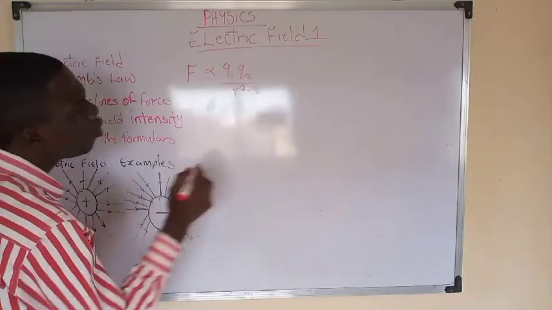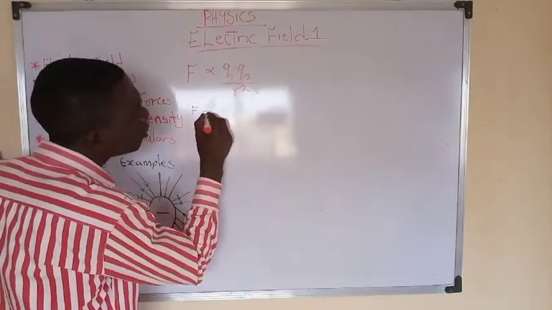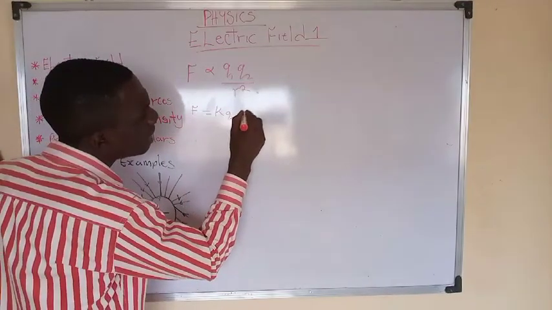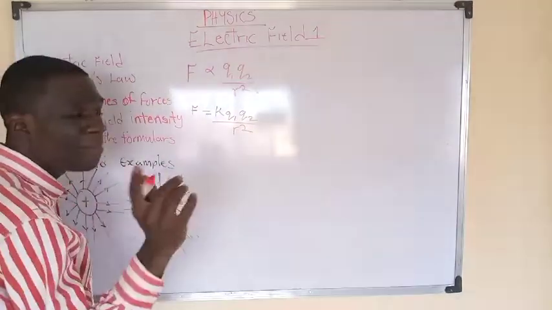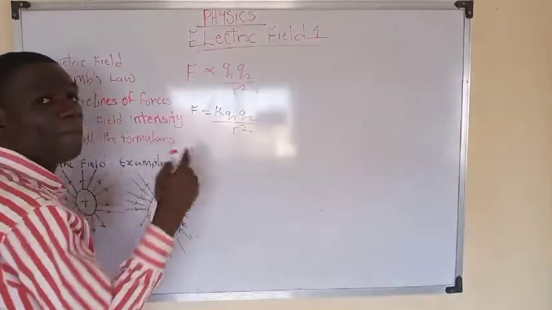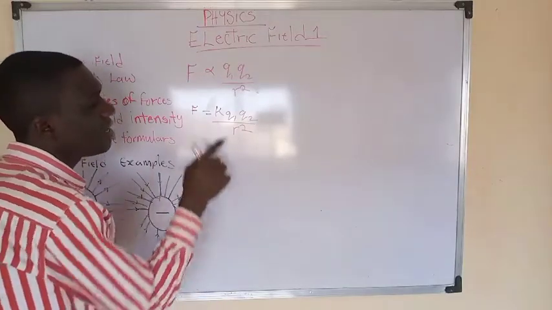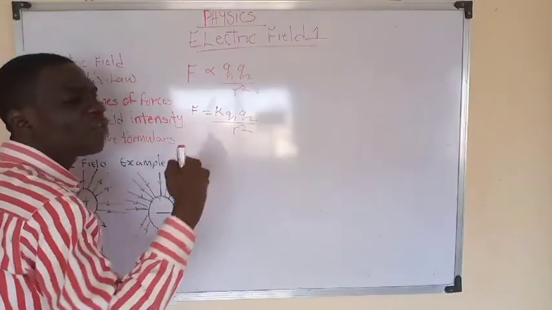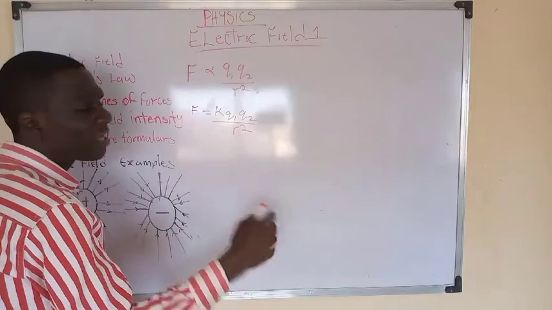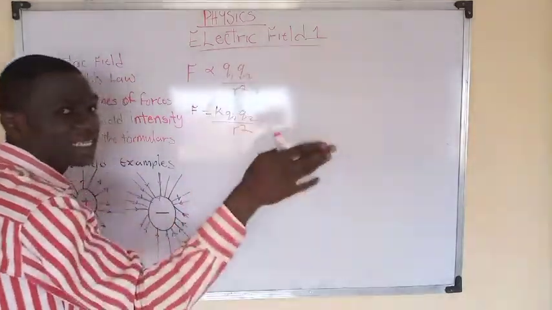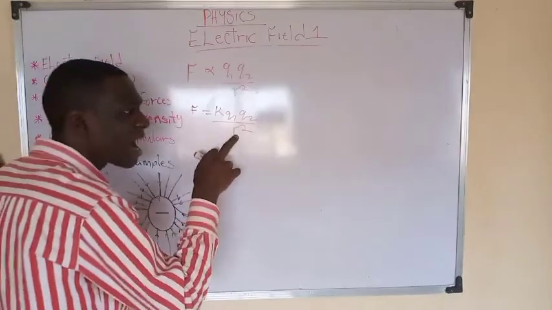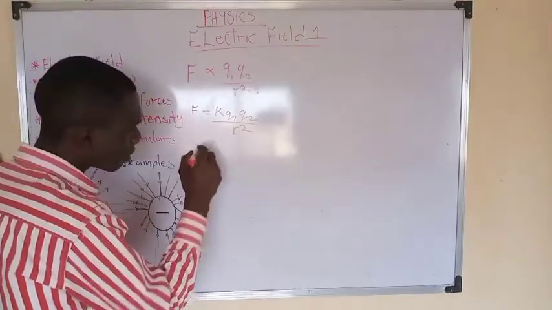If I continue, we will introduce a constant K, where F equals K Q1 Q2 over r squared. Remember, F is the force measured in newtons, K is the constant of proportionality, Q1 and Q2 are the point charges, and r squared is the square of the distance between the separation.